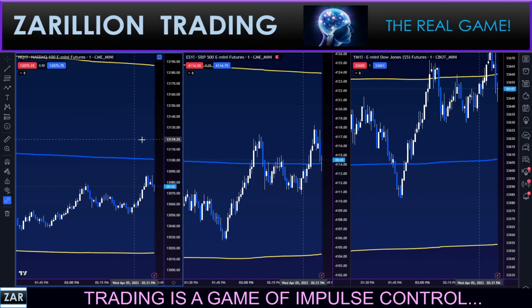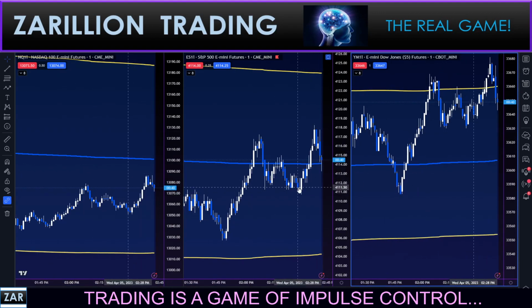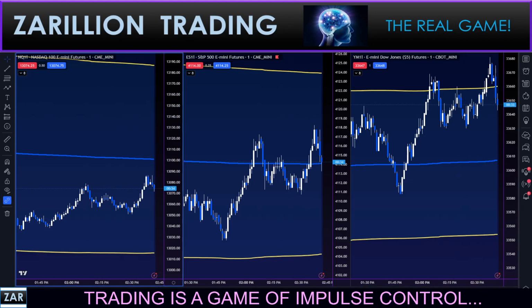See that here? We didn't actually get to VWAP on it, but reversing on the Dow and the S&P, and that's causing the weakness over here, I believe.